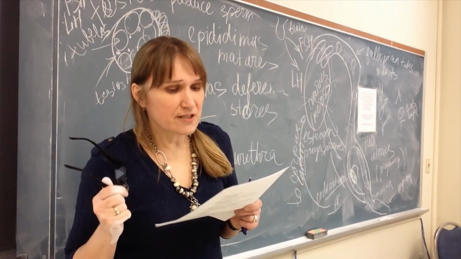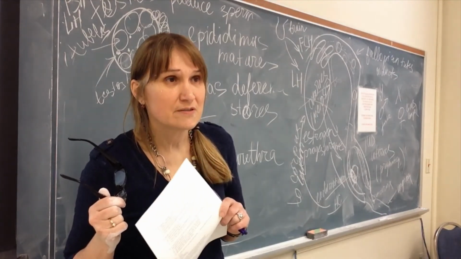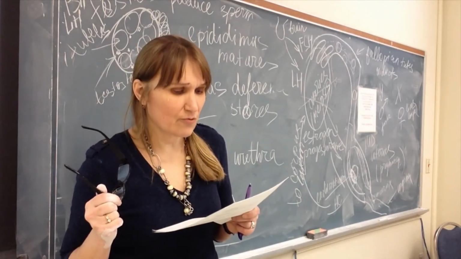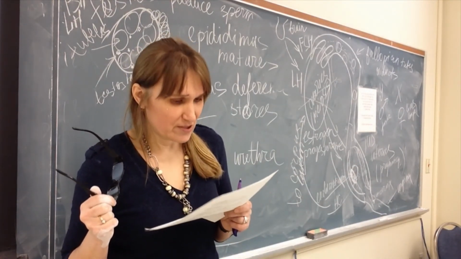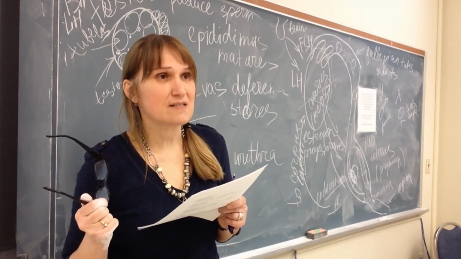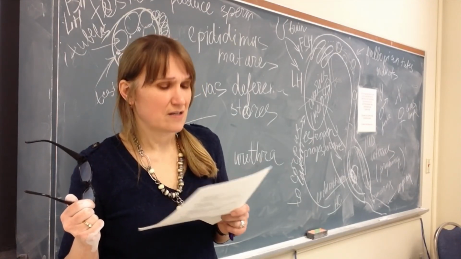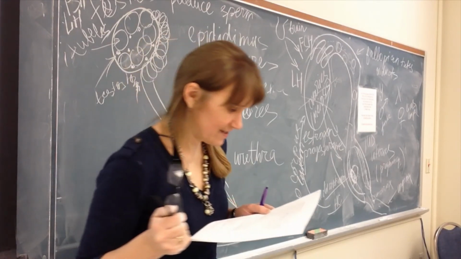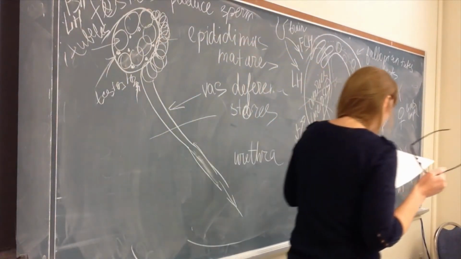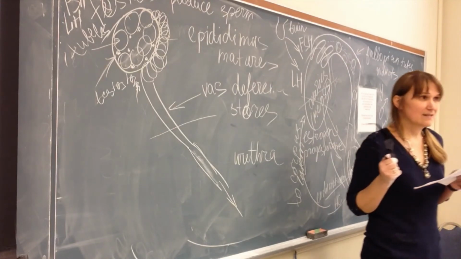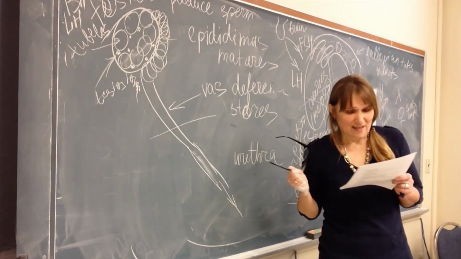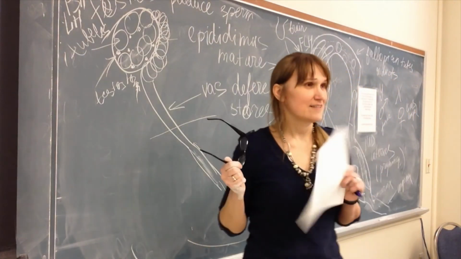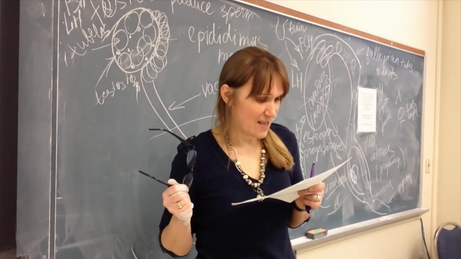Hormones that run uterine cycle come from ovaries and are called estrogen and progesterone. Semen consists of sperm and gland secretions. Vasectomy is cutting vas deferens, and tube ligation is cutting oviducts.